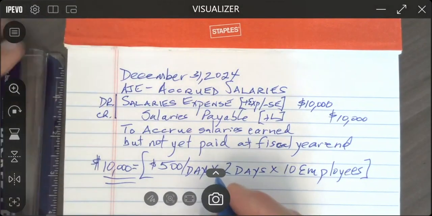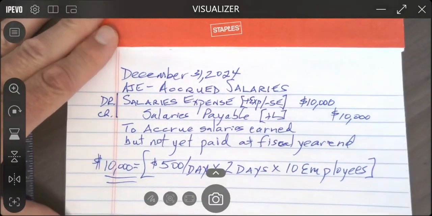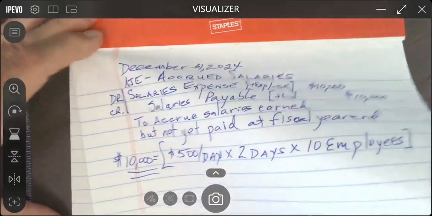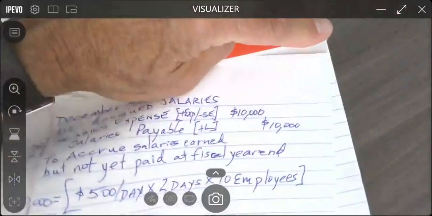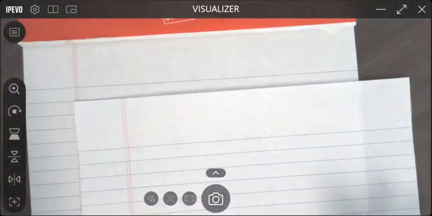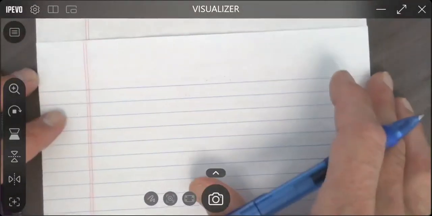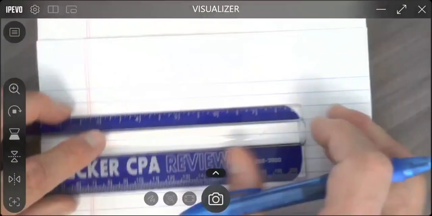And so there's our general journal, excuse me. And in our general ledger, there's 2 accounts affected, of course, that we need to post to.